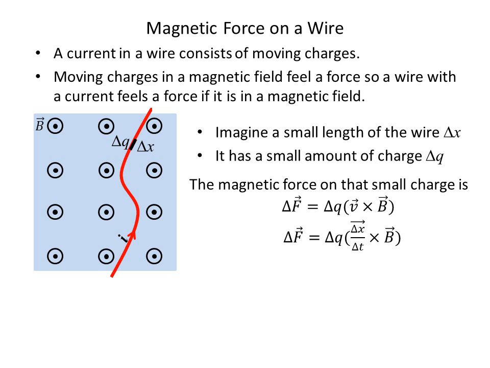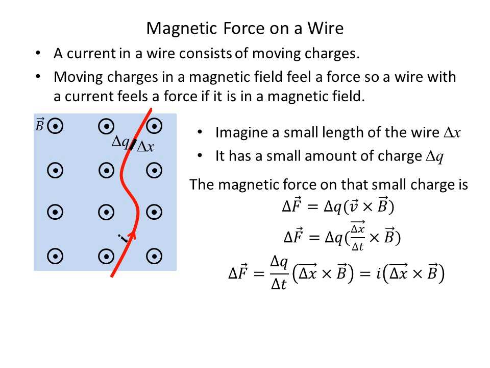The force then, we can rewrite this a little bit. We write the velocity as delta x over delta t, where delta x points along the direction of the current. We rewrite that again so that we pull out the delta t, so we have delta q over delta t, and the cross product of delta x and B. Well, delta q over delta t is the current.